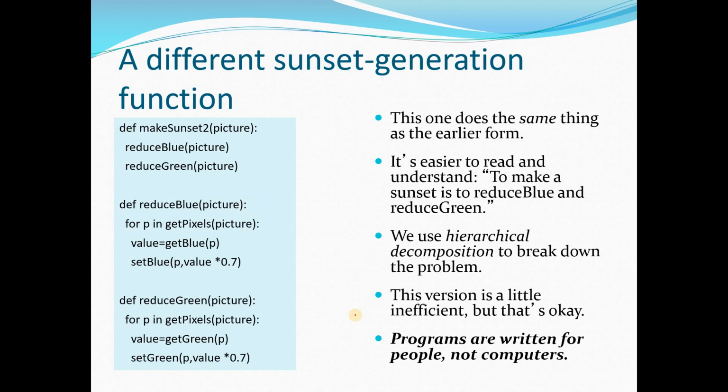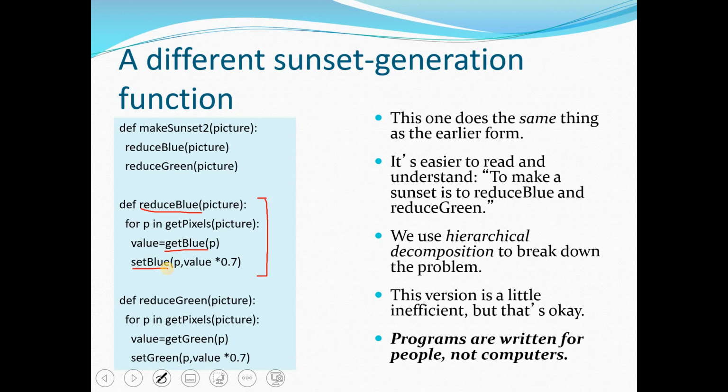In the first one, if you see reduce blue, there is over here a function. Look carefully, you can pause the video and observe this whole code. The first one is reduce blue, so the name is reduce blue, and there is a for loop, and inside the for loop, first of all we use get blue to get the blue color, and only the blue color is modified using set blue.